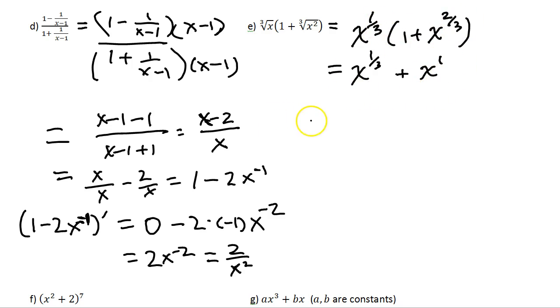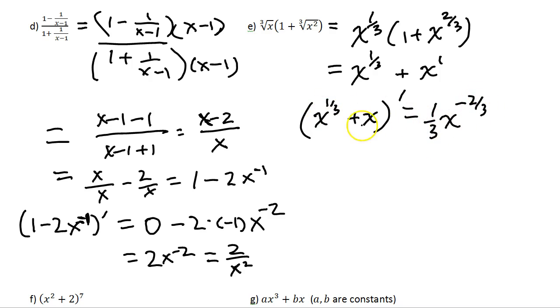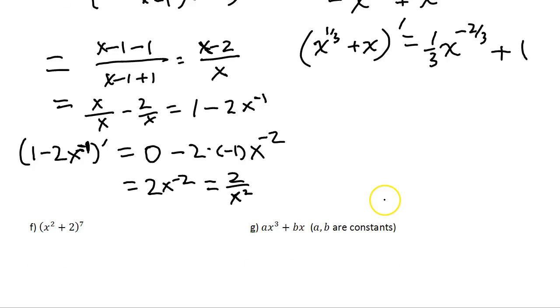So that's what you have. You have to differentiate this. And 1/3 comes in front, subtract 1, that's 2/3, and derivative of x is 1. Okay. Again, you can further simplify this by rewriting this as a cube root, but let's not do that.